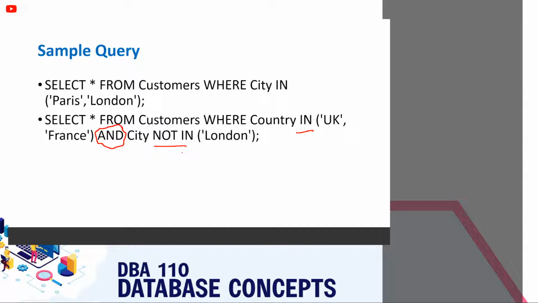So let's talk about what this query does. We're returning everything from the record, so there's no specific data being returned from a particular record here. It's just all items in the data record. We're looking for country in UK or France.